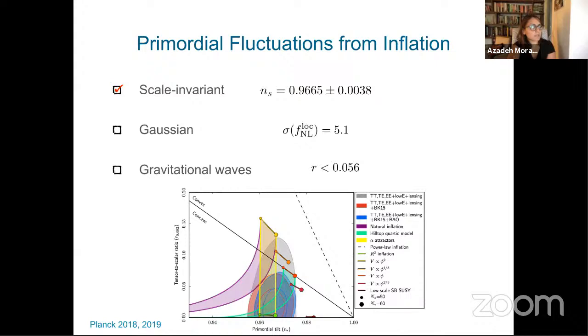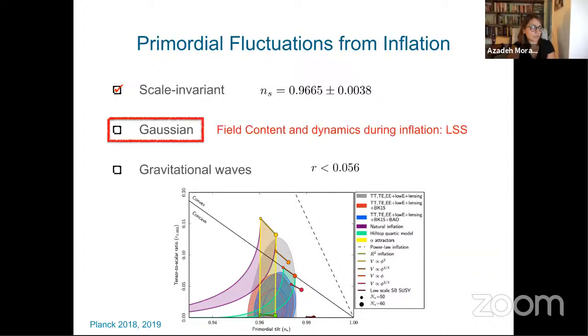From the latest measurements of the CMB by Planck, we know that the primordial fluctuations have a nearly scale-invariant spectrum, usually characterized in terms of the parameter n_s. The plot at the bottom shows the constraints on the primordial tilt versus the tensor-to-scalar ratio, and as you can see, it is well described by nearly scale-invariant fluctuations.